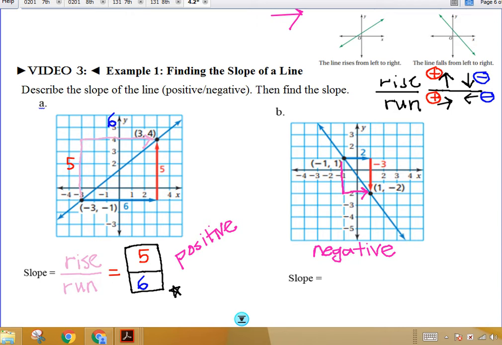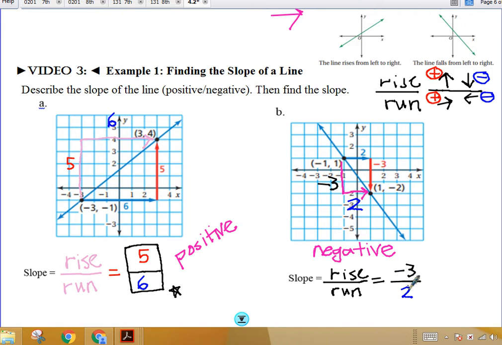Again, let's try this. Slope is always rise over run. And in this example, here you have gone down 3, so that's -3. And you have gone to the right 2. So that's +2. And there you have it.